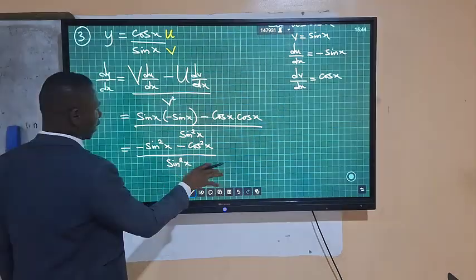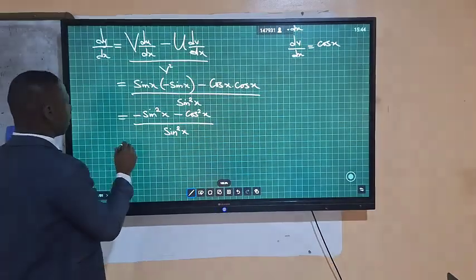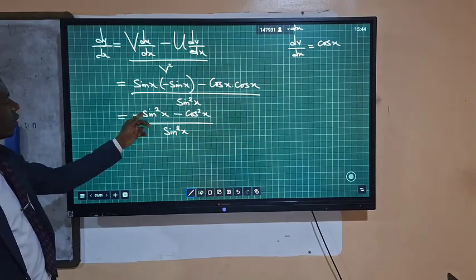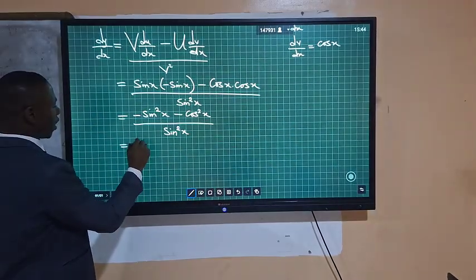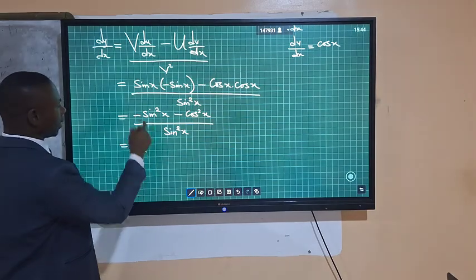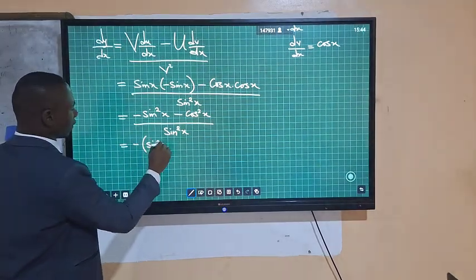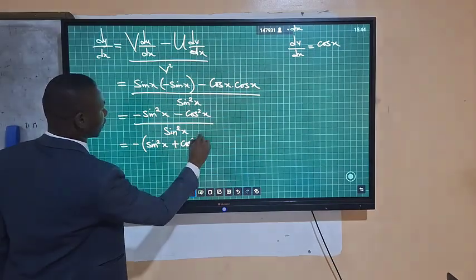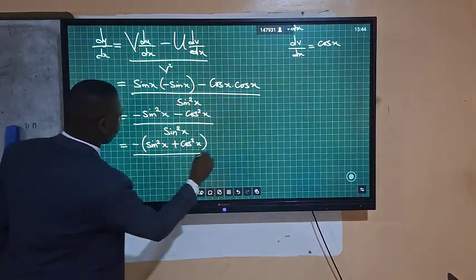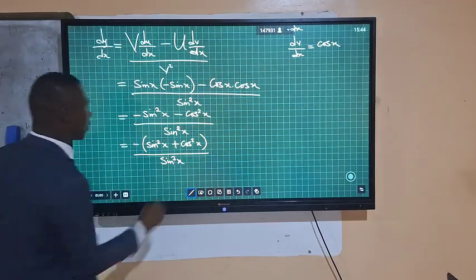Okay? Then notice something here. We can factor out minus 1, have minus 1 outside there, will give us sine square x plus cos square x all over sine square x.